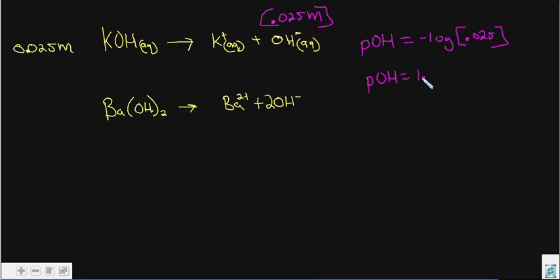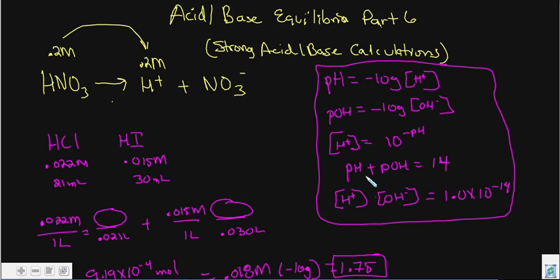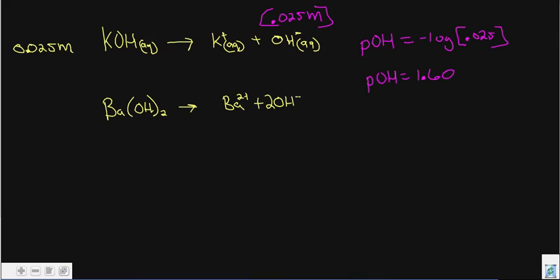So the pOH equals 1.60. So that's not pH, but it's pretty simple to find pH, because pH plus pOH equals 14. So then all we got to do is 14 minus 1.6, and my pH then is going to equal 12.4. And that makes sense because it's a base. It's going to have a very high pH, going to have a low pOH.